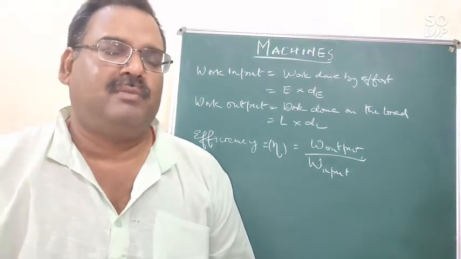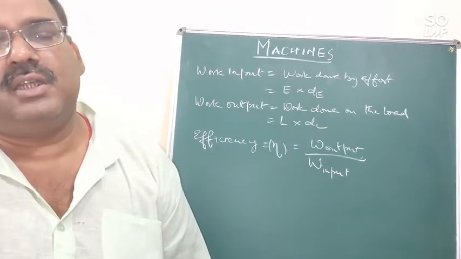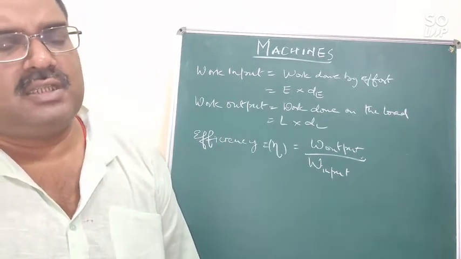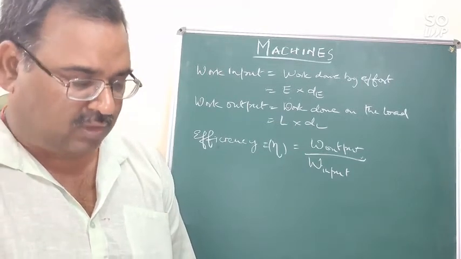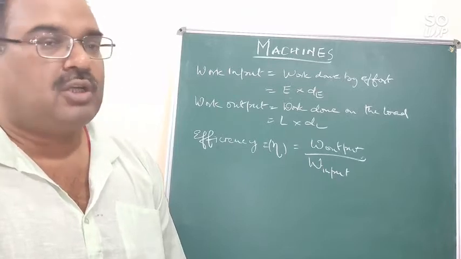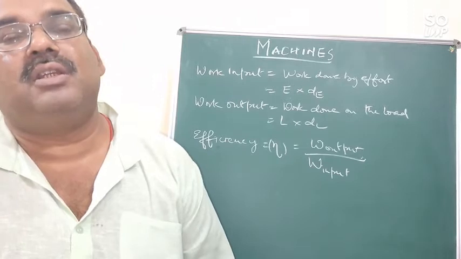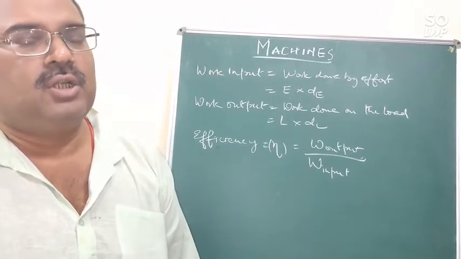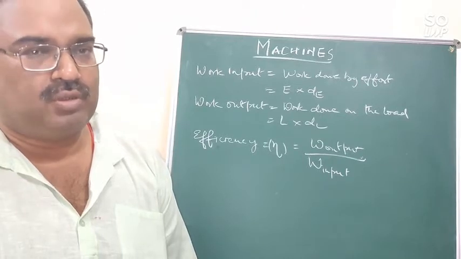The next important term is efficiency. We need to know how efficient the machine is. So efficiency is the ratio of the work output to work input. Work obtained from the machine, that is work output, upon work exerted on the machine, that is work input.